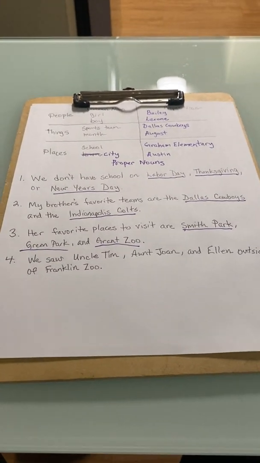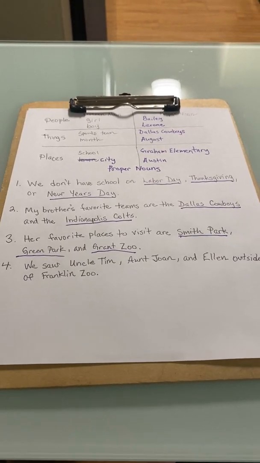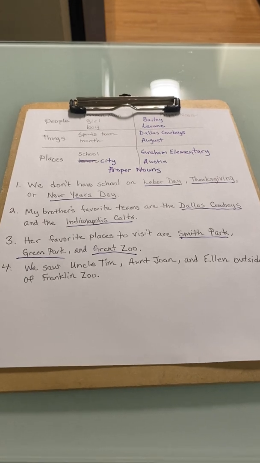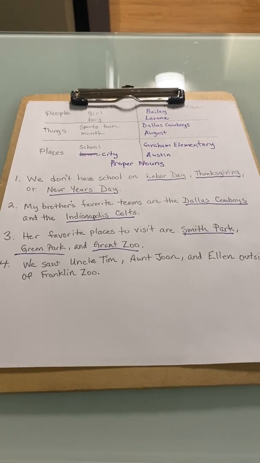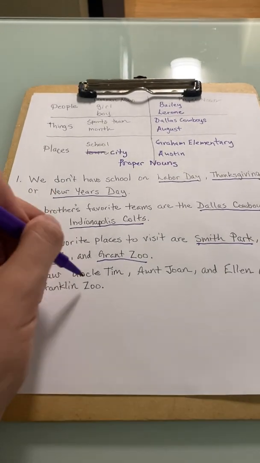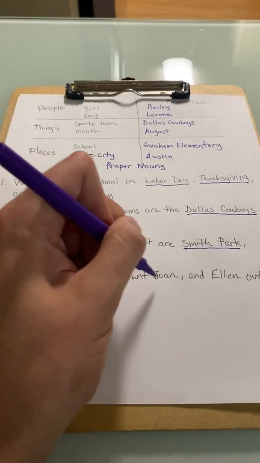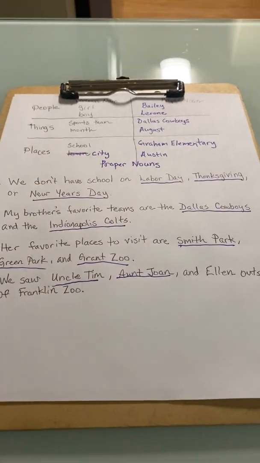Now the last one for proper nouns. We saw Uncle Tim, Aunt Joan, and Ellen outside of Franklin Zoo. Let's see. Uncle Tim, that is the name of a person, right? So we underline Uncle Tim. Aunt Joan, also the name of a person.